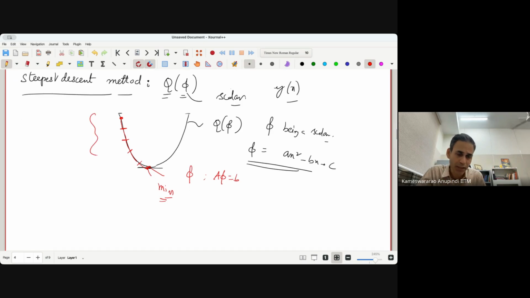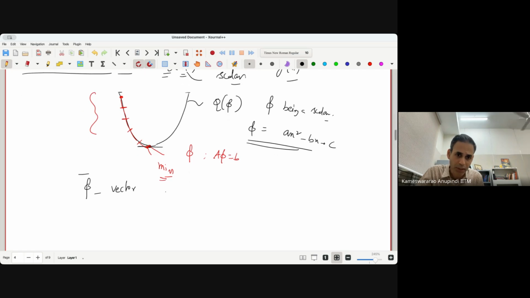This is nice when we do it in one dimension. But when you solve for phi as a vector, q of phi will not be a simple parabola, but an n-dimensional paraboloid.